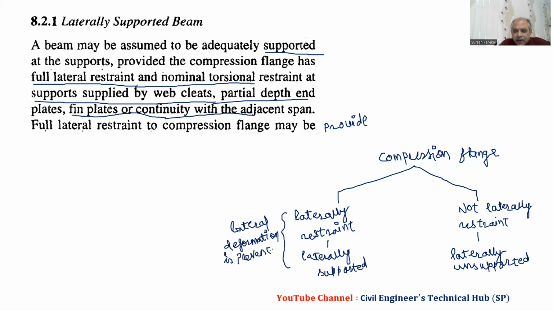And if not supported, it means not restrained. What does it mean? If we take a beam and it deforms laterally, meaning perpendicular to this along the flange, then we say that it is laterally unsupported.